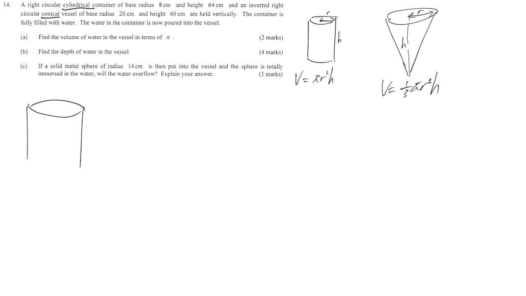and understand what is being asked here. They say there is a cylindrical container with the base radius 8 and the height 64, and there is an inverted circular conical vessel with the base radius 20 and the height 60.